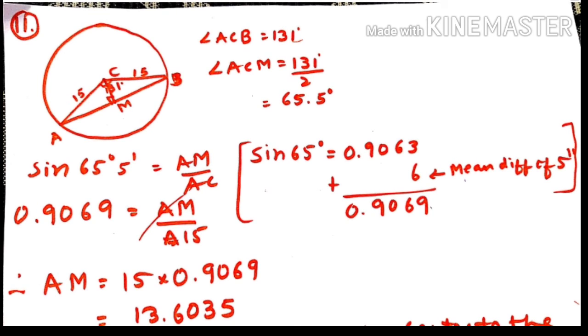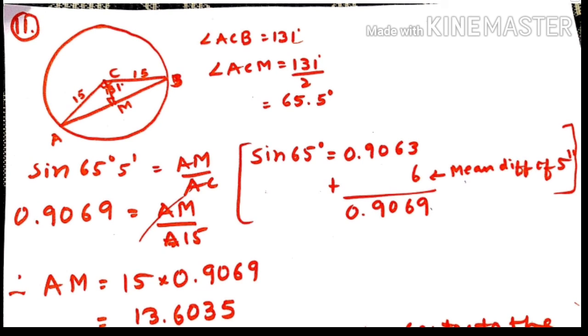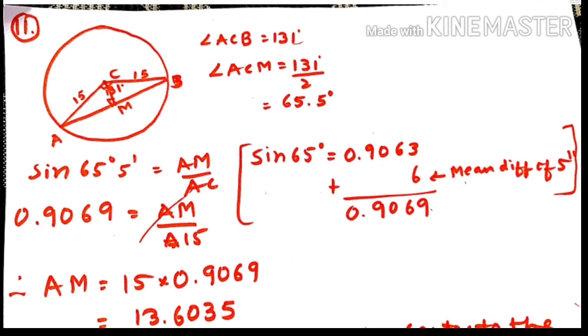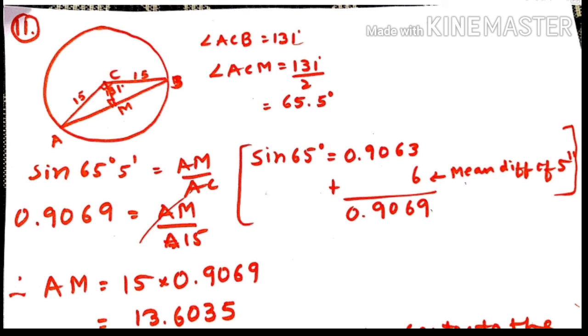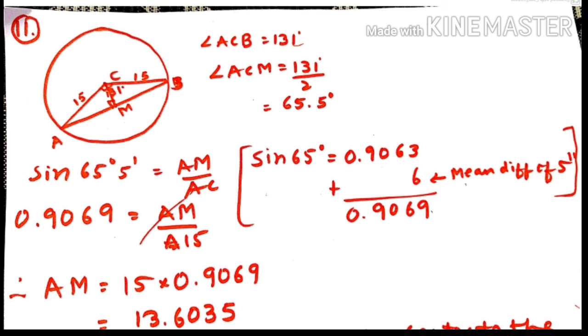So I have written angle ACM is equal to 131 degrees divided by 2, which is 65.5 degrees. Now we want to find the AB value, so I will find AM and BM, and whatever value we get for AM is the same as BM. For that I use the sine ratio, sine 65 degrees 5 minutes in triangle ACM, that is opposite upon hypotenuse, AM upon AC.